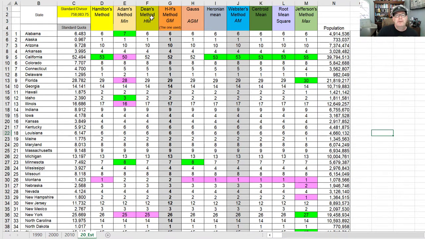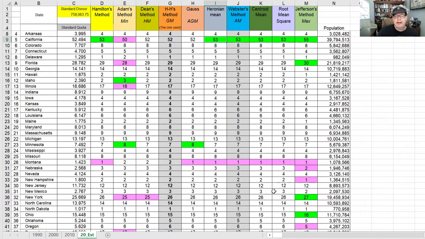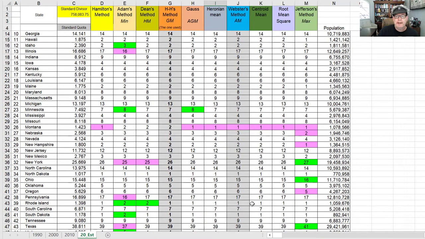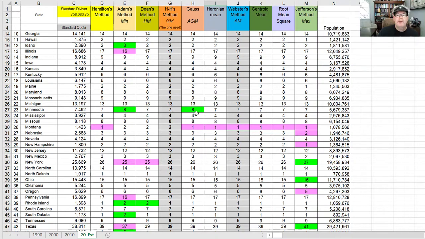So smaller states usually benefit when you round in this area, and bigger states benefit, say, around here. And it's usually monotonic, so once you lose, you're not going to come back. But I guess it doesn't have to be. Like Minnesota, it dropped down to 7, and then as I changed the divisor for the rounding higher and higher, it went up to 8 and then back down again. So that's an example of not being monotonic.